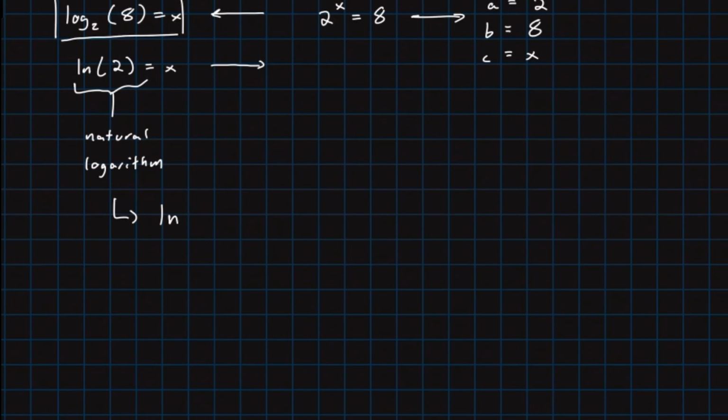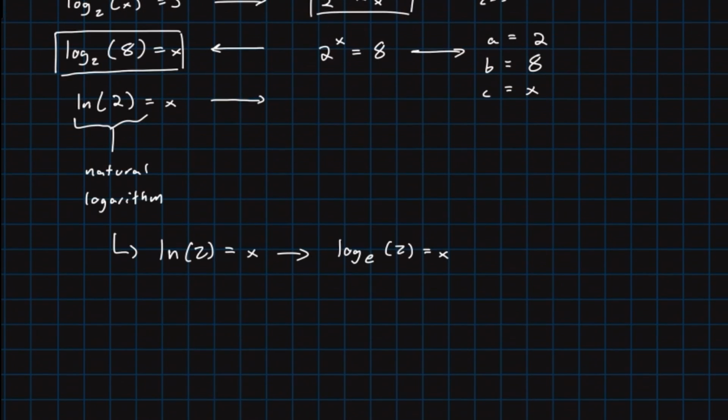So the natural log of 2 is equal to x can be rewritten as log base e of 2 is equal to x. Now, this e is just a constant. It's equal to 2.71 and then a bunch of numbers after that. So we just want to treat this as a normal number.